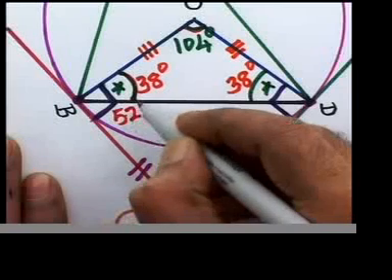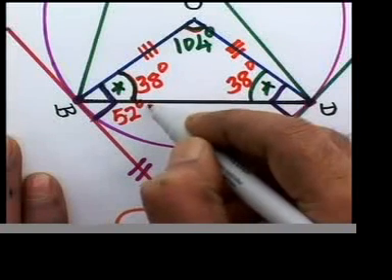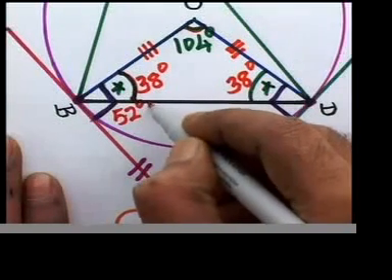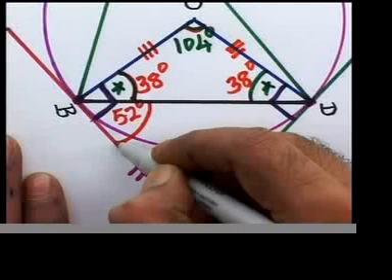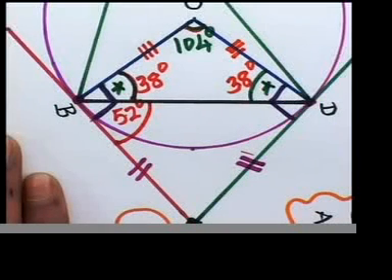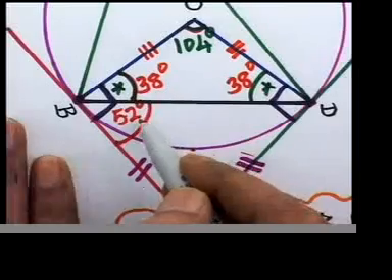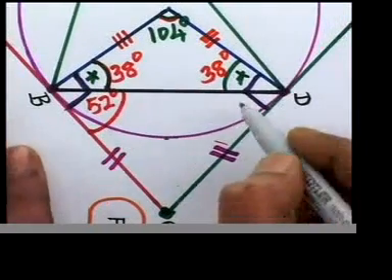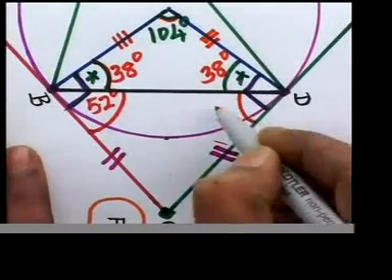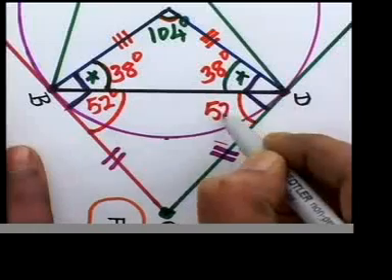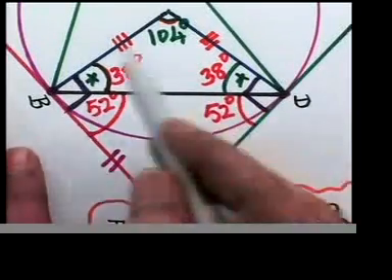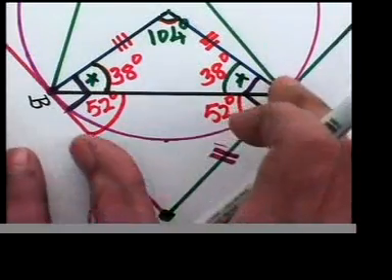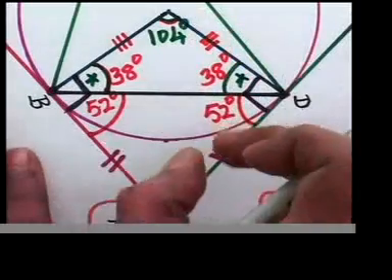Am I correct? Come on. That should be 52. So, watch there, please. That angle there should be 52. All right? So, now, if that's a 52, obviously, this angle should also be 52. Okay? Now, this is how you need to apply the rules slowly, one after the other. Right?